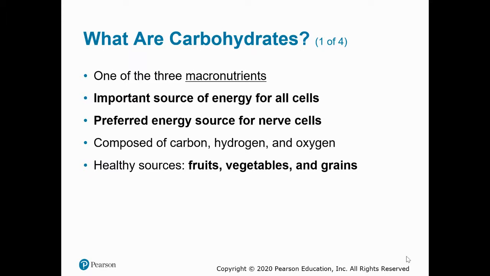And then we will review a little bit the digestion, absorption, and transportation of carbohydrates. Again, kind of a review from Chapter 3. And then we'll talk about a lot of the diseases or disorders associated with carbohydrate intake, and particularly carbohydrate metabolism.